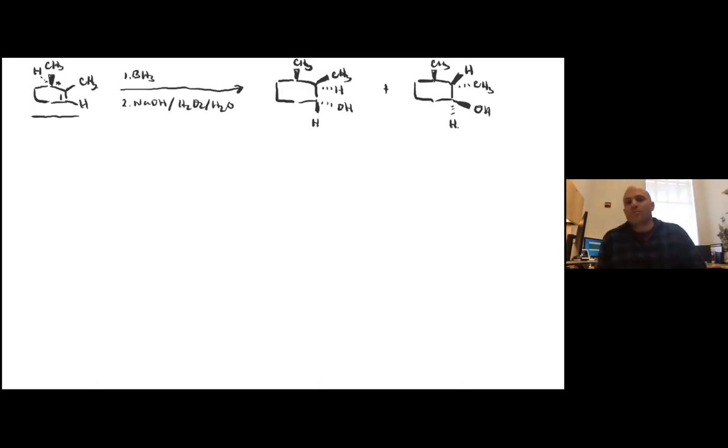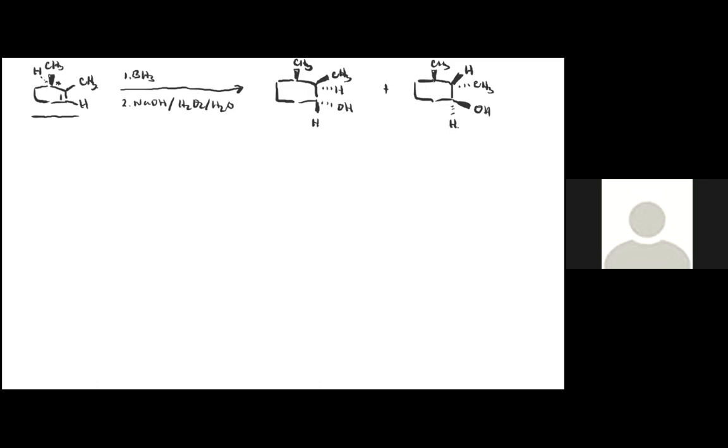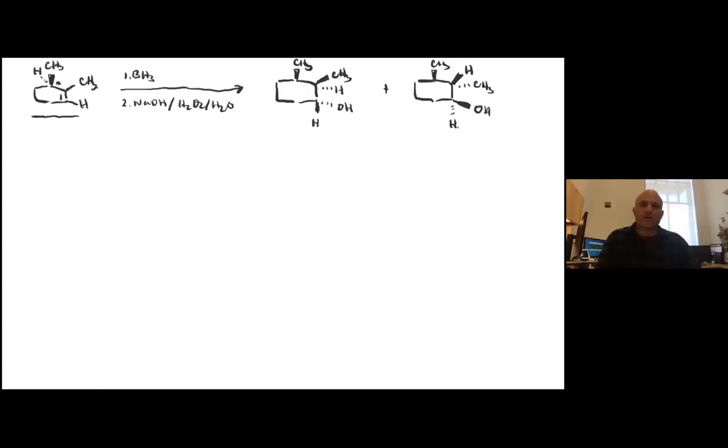And so the question I put to you is, what is the stereochemical relationship between these two products? Diastereomers. Great. Yeah, they're diastereomers. So they're stereoisomers, but they're not non-superimposable mirror images. They're not enantiomers.